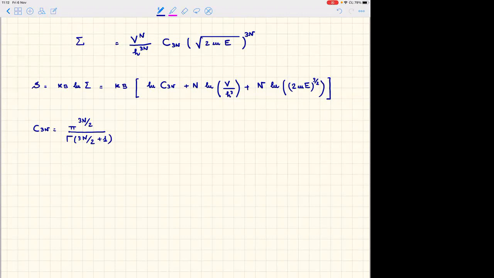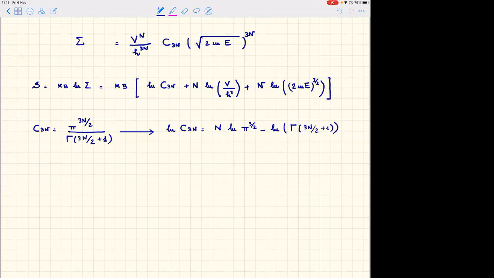And now, if we take the log of C_3n, this is equal to n times the log of pi to the 3/2 minus the log of gamma of 3n over 2 plus 1.